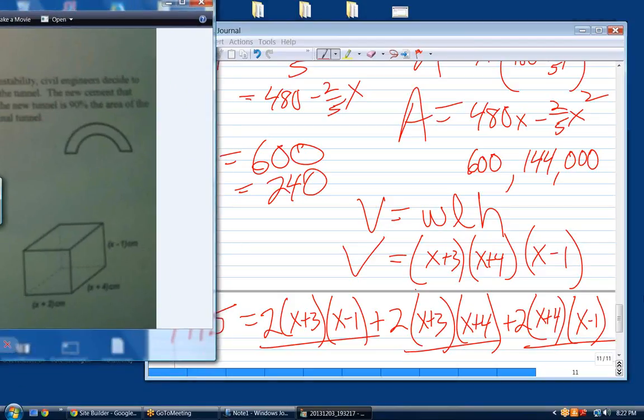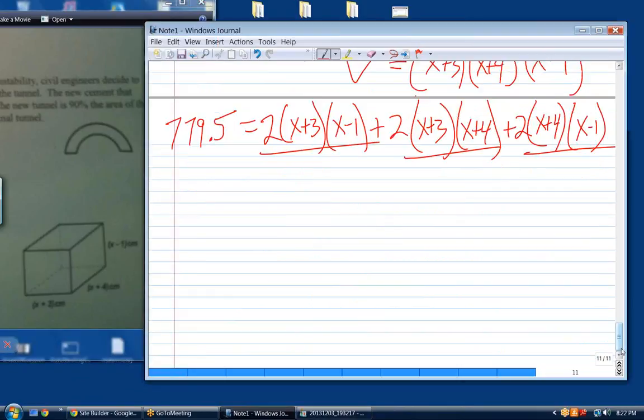I made one mistake real quick. I need to type again. You're probably going to get a positive and a negative number.